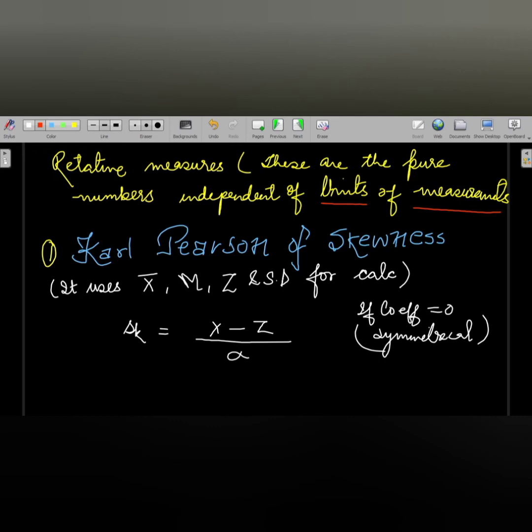Karl Pearson's measure uses mean, median, mode and standard deviation for the calculation. He has used these four measures to measure skewness. The first formula is skewness equals mean minus mode divided by standard deviation. Clear?